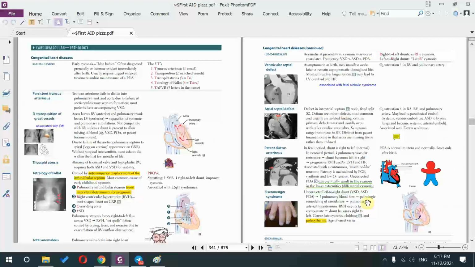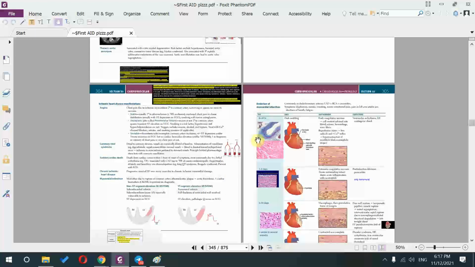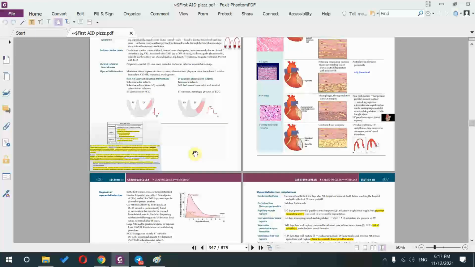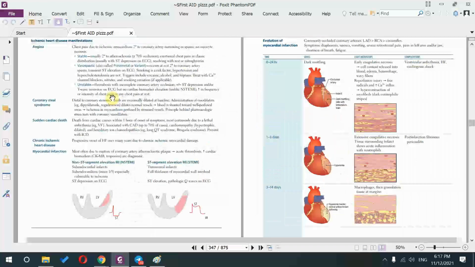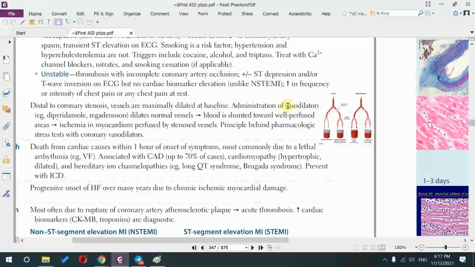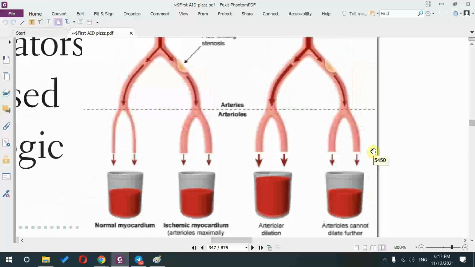I hope you remember what coronary Steele syndrome is. If you remember, in coronary Steele syndrome, when you use a vasodilator, you can exacerbate the pain. Yes? Because you are enlarging a vessel that should not be enlarged.